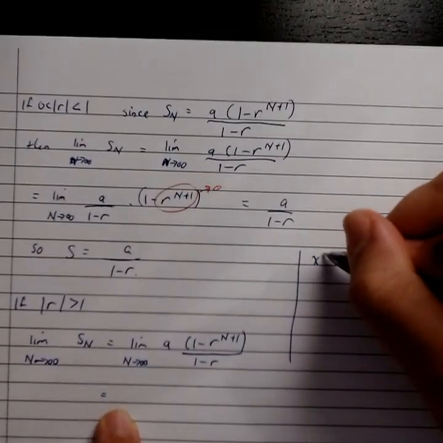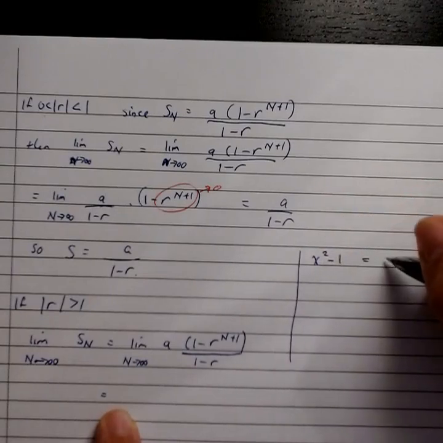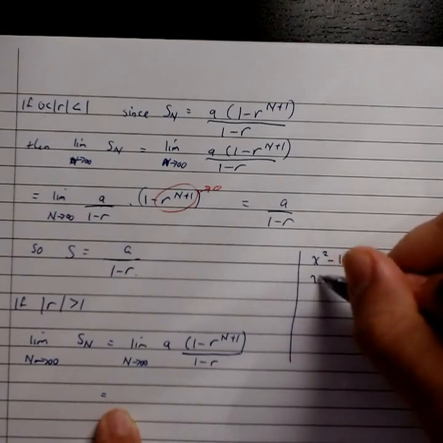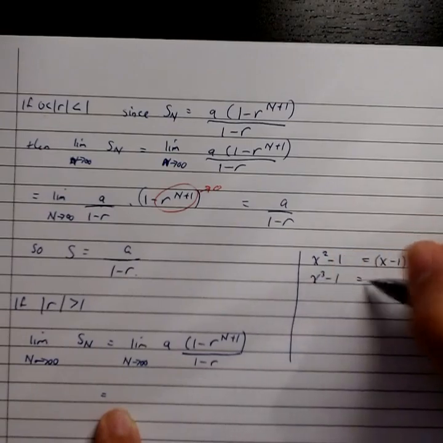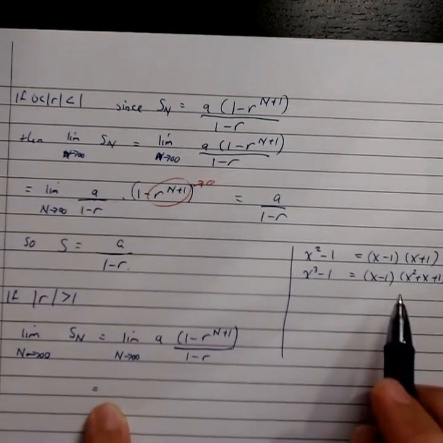If you have x to the second minus 1, that's equal to x minus 1 times x plus 1. If you have x to the third minus 1, then that's x minus 1 times x squared plus x plus 1. This pattern actually continues on indefinitely.